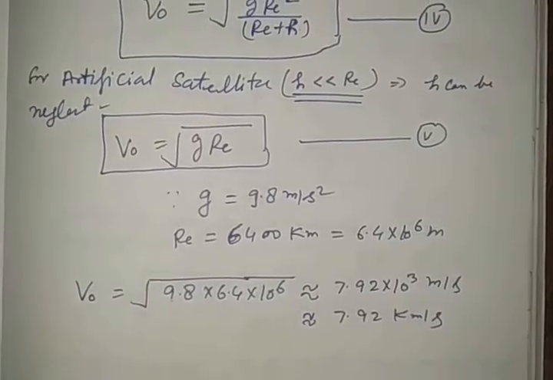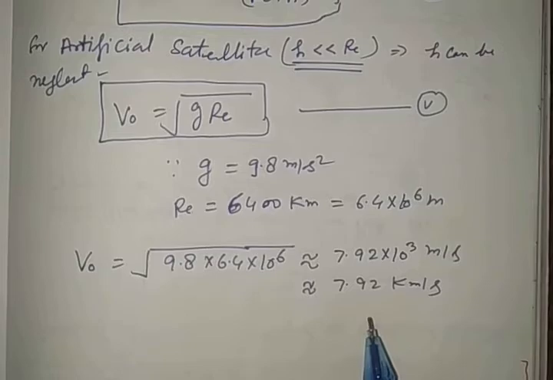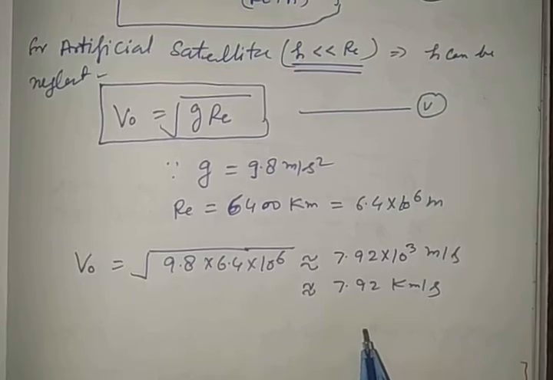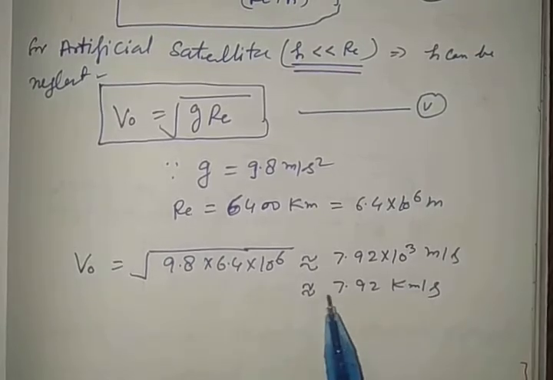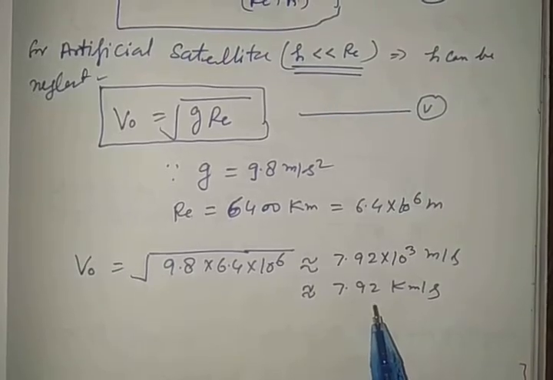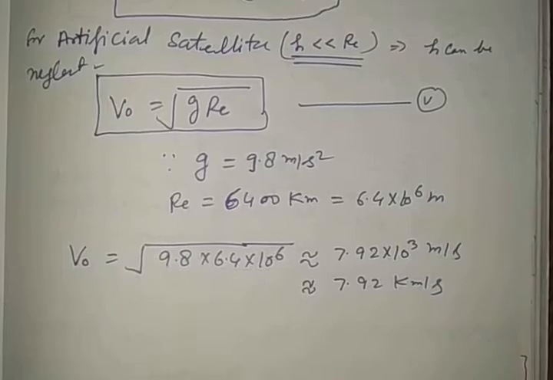So for a satellite just above the Earth's surface to stay in orbit at equilibrium, the speed must be around 8 kilometer per second, 7.92 kilometer per second.